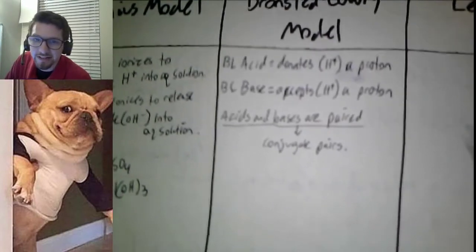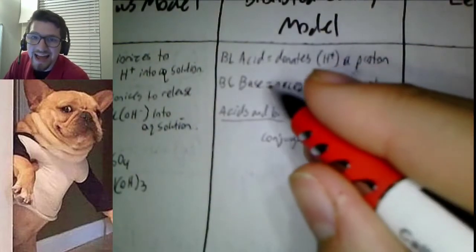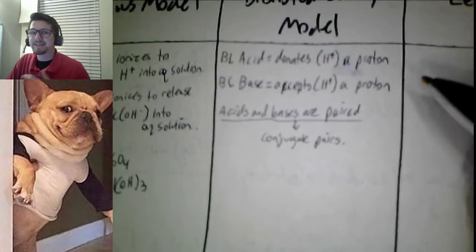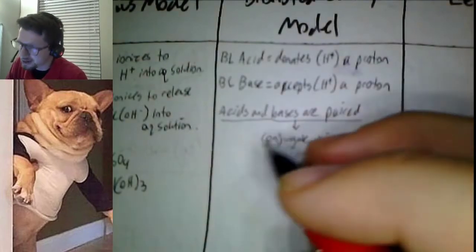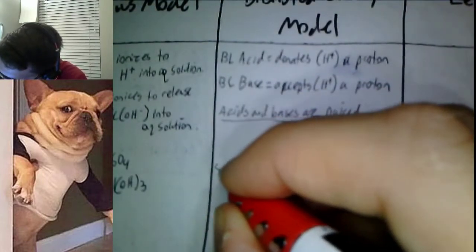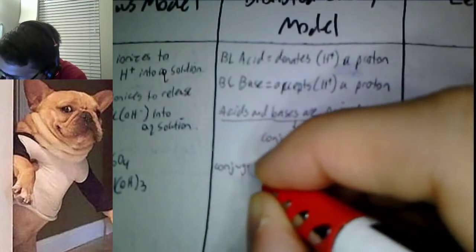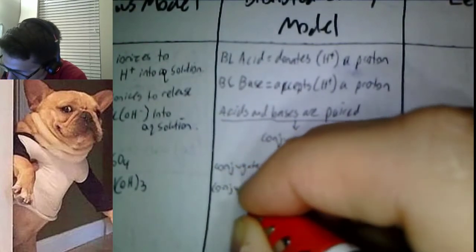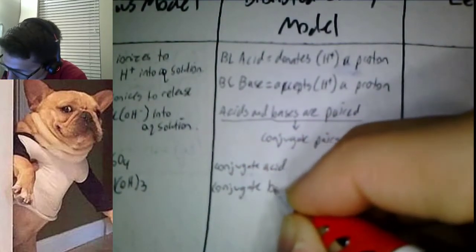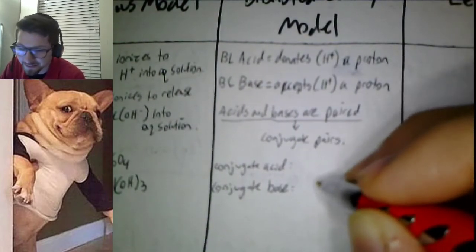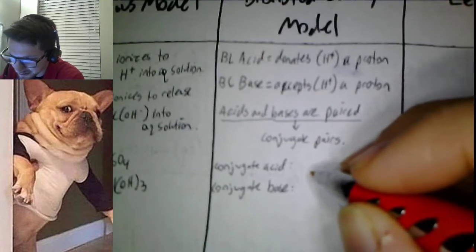Now this is where we get a little funky. So an acid donates and a base accepts. That means an acid has to have something to give. Once we've had a reaction, you end up with something called a conjugate acid and a conjugate base. These are awkwardly kind of flipped in the definition.